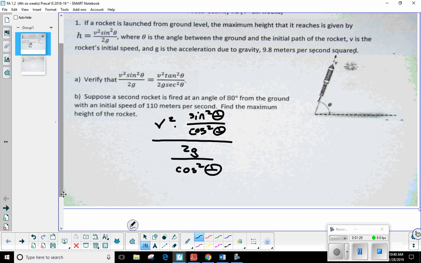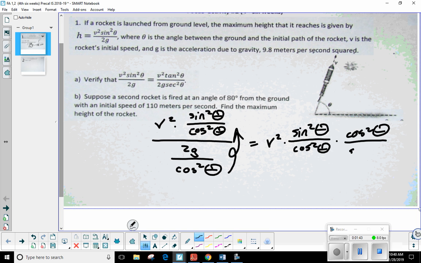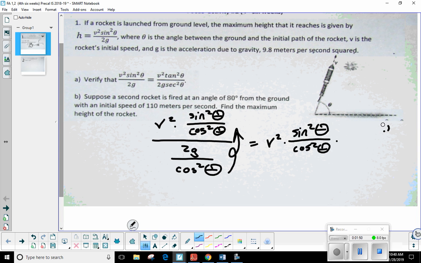And then what was it you said, sir? Okay, so he says multiply by the reciprocal. So this is v squared times my sine squared of theta over the cosine squared of theta times cosine squared of theta over sine squared of theta. Oops, accidentally added in something that I didn't need to.